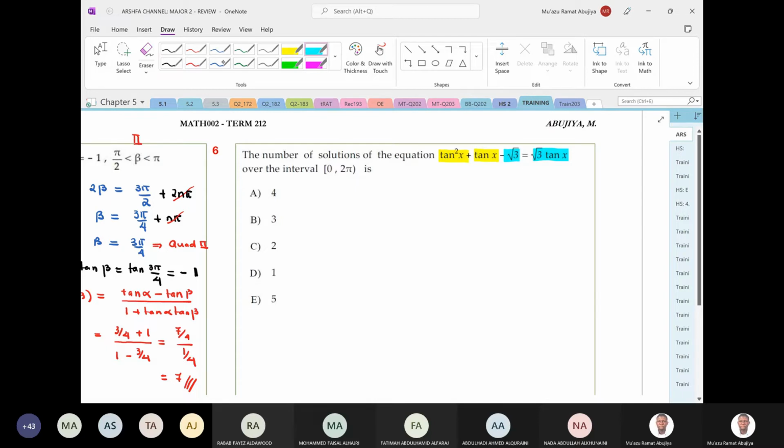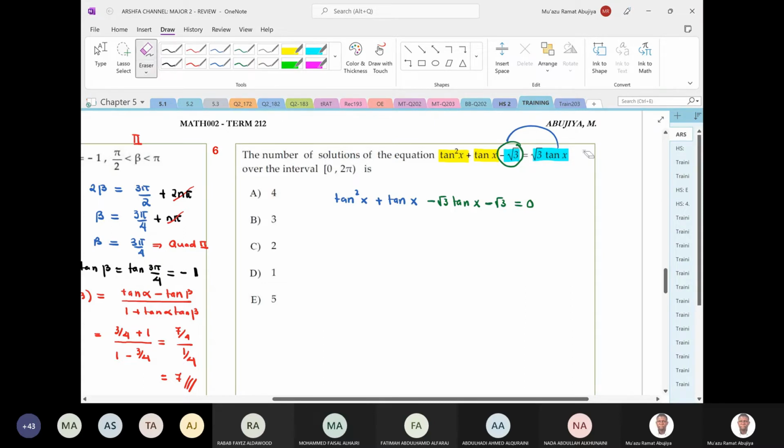So if we do that, we are going to get tangent squared of x plus the tangent of x. Now bring this one to this side because it contains tangent. I would say minus root of 3 multiplied by the tangent of x. Now we have negative root of 3 minus root of 3, and this is equal to 0.